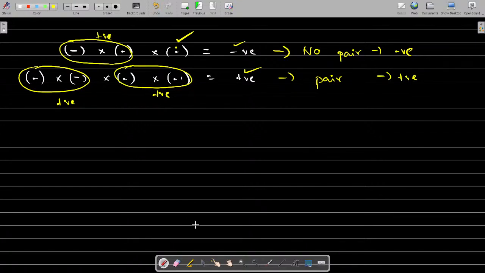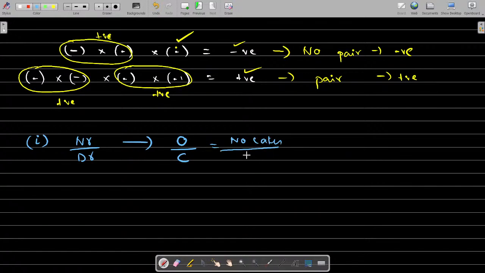Next, I am going to discuss one small thing with respect to what happens if we divide by 0. I have numerator by denominator form. I take 0 by C. What is 0? No cakes. Numerator, no cakes.